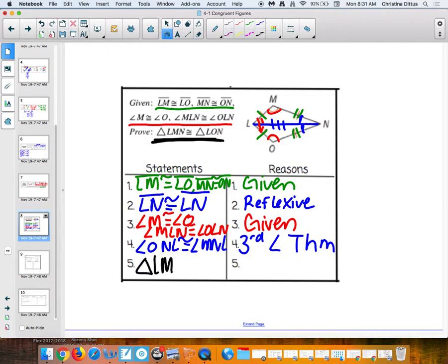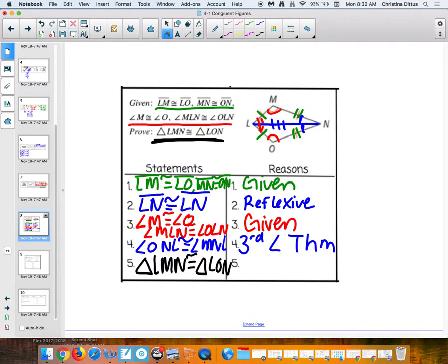Triangle LMN is congruent to triangle LON. Because it's given? Nope. Last line should never be given. Notice it's not given. It says prove. It is not given. Okay?